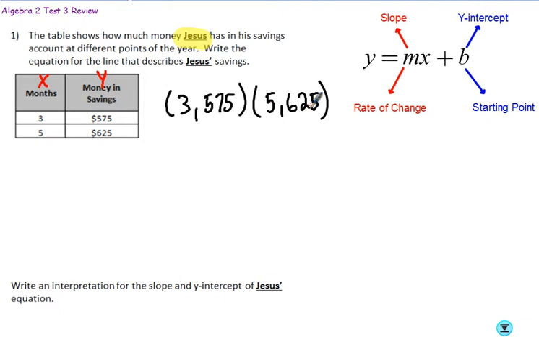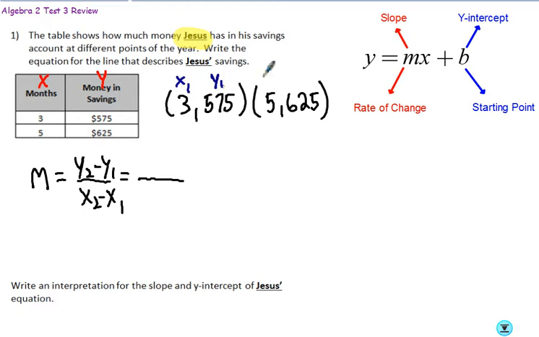Now to figure out the slope, we have a formula for that, which is y2 minus y1 over x2 minus x1. Basically we're just going to compare how the y is changing versus how the x is changing, how much money was saved over those 2 months. Since we have 2 pairs here, we'll label the first x1, y1, and because I've got a second pair, I'm going to call that x2, y2.